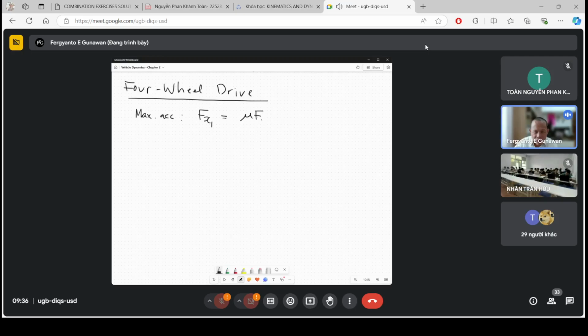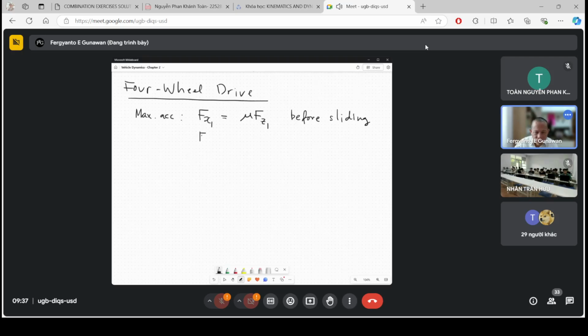This is the maximum traction on the wheel, just before sliding. This is the maximum force that the wheel can produce without sliding. This is the car just before sliding, and this is the front side.